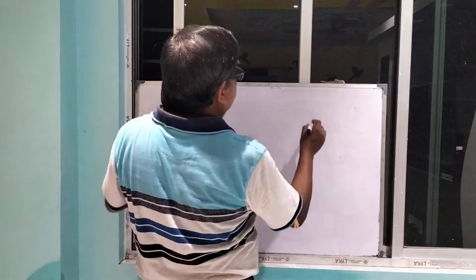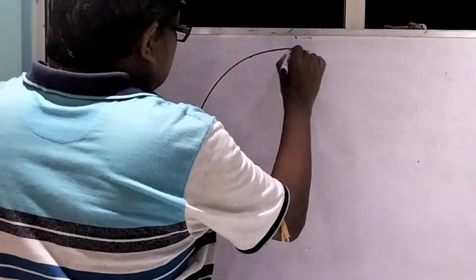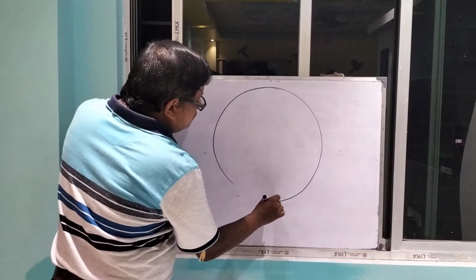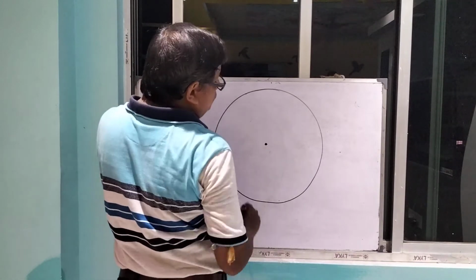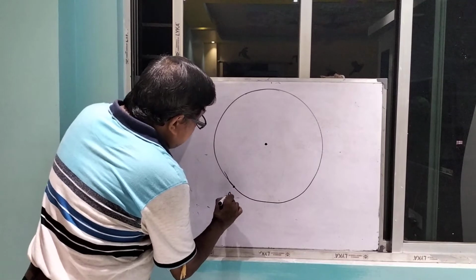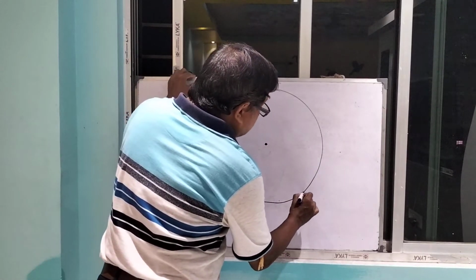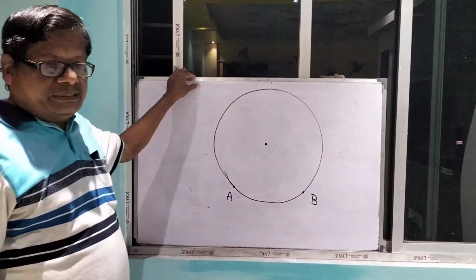See, this is the center. Any points you take here, suppose A and B, two points on the circle.